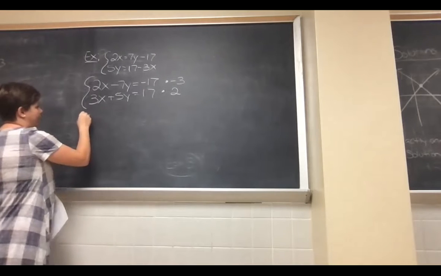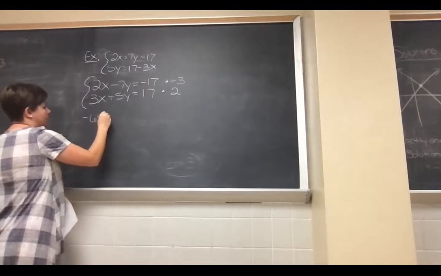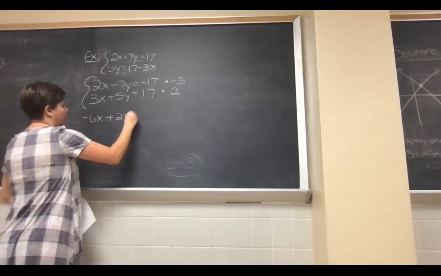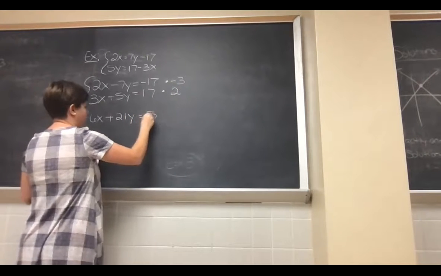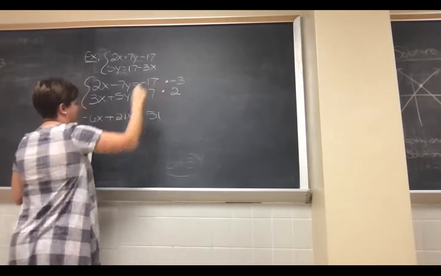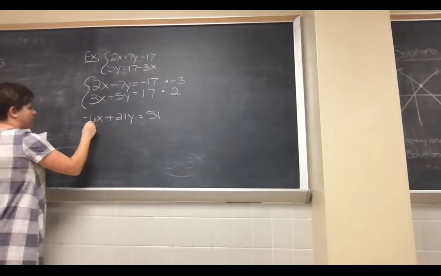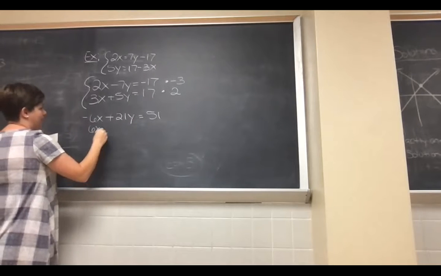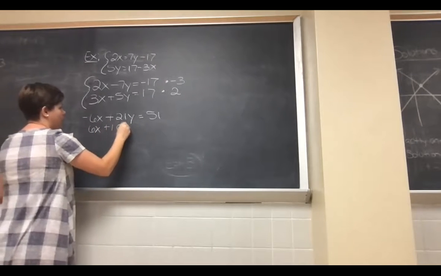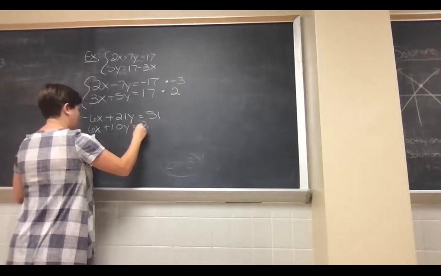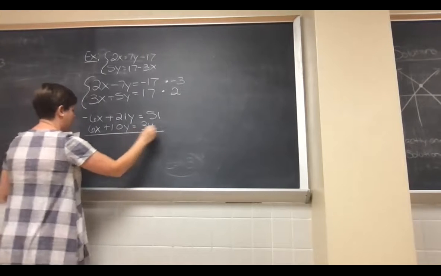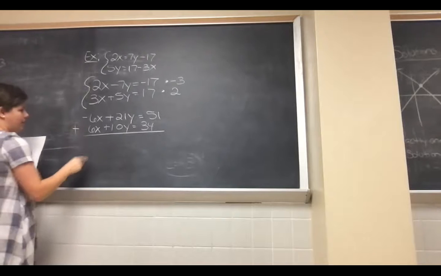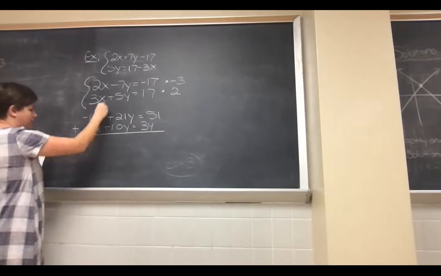So I will have negative 6x plus 21y equals a positive 51, because I had a negative 17 times a negative 3. Then I have a positive 6x plus 10y equals 34. Draw my line. I'm adding these together. I have a minus 6x and a positive 6x.